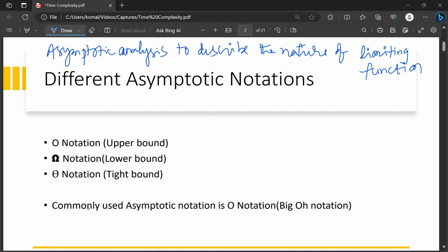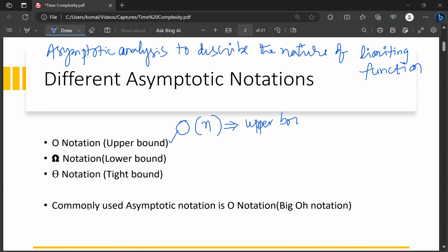First, big O notation. How to understand this big O notation? Let us assume the time complexity of one algorithm is mentioned as big O of n. The meaning of this is n is the upper bound.